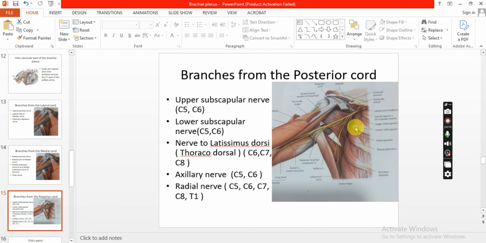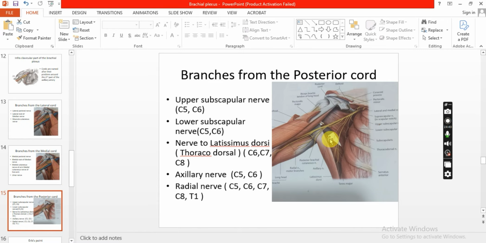Okay, the smallest one, which supplies the subscapularis muscle, is the upper subscapular. So you are seeing three nerves here in an order: upper subscapular, nerve to latissimus dorsi, and the lower subscapular.